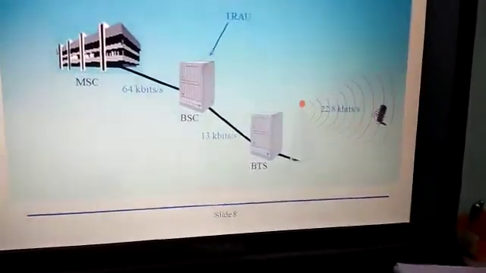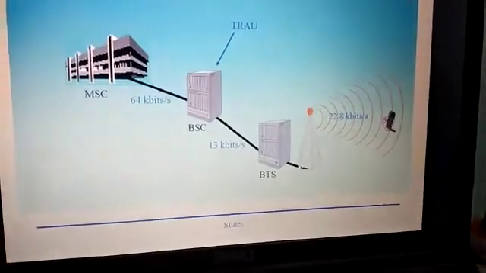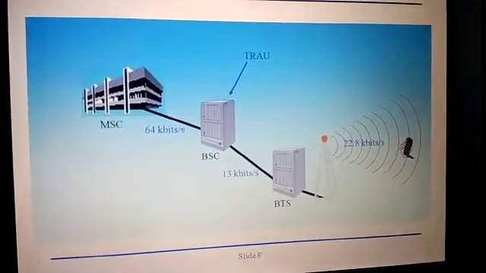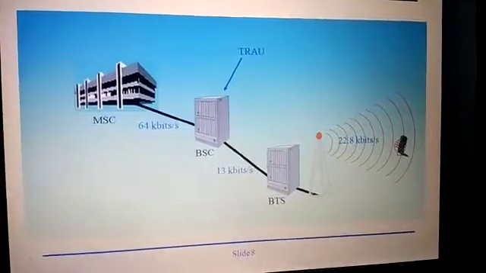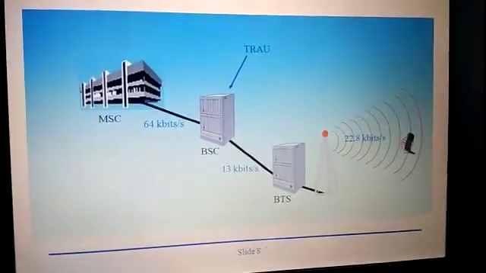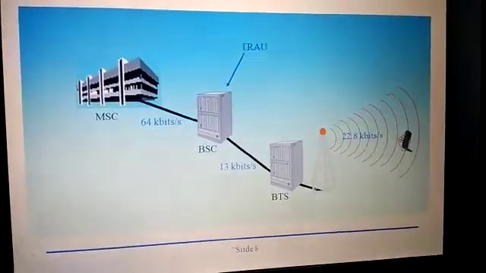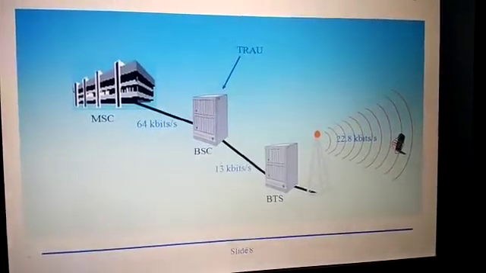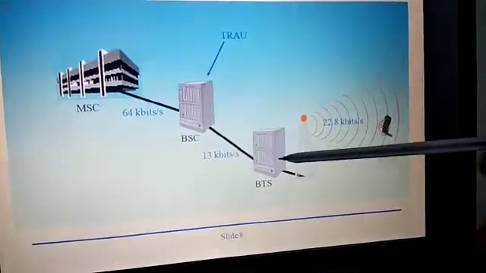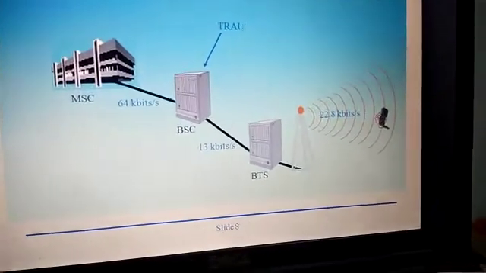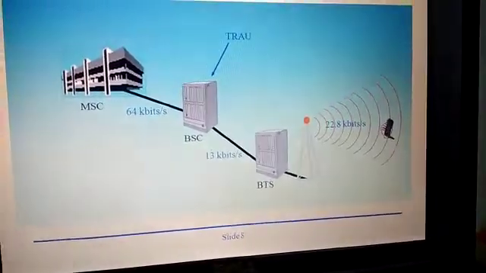What is this BTS? BTS is the base transceiver station, a term used to denote a base station in GSM technology. A BTS consists of an antenna and the radio equipment necessary to communicate by radio with a mobile station.